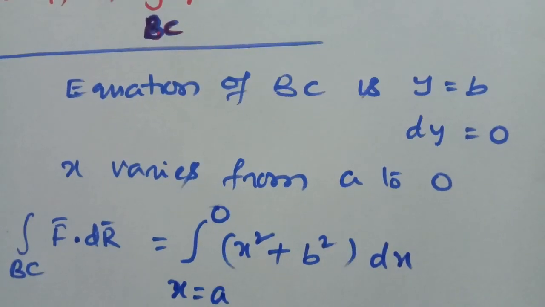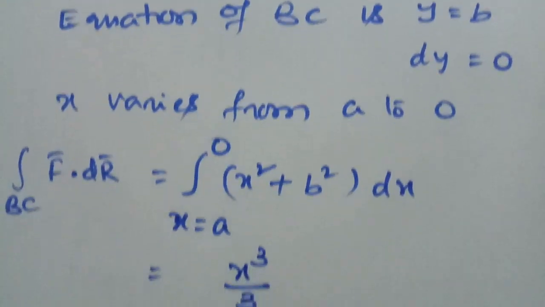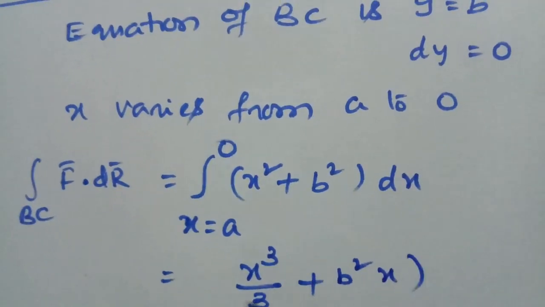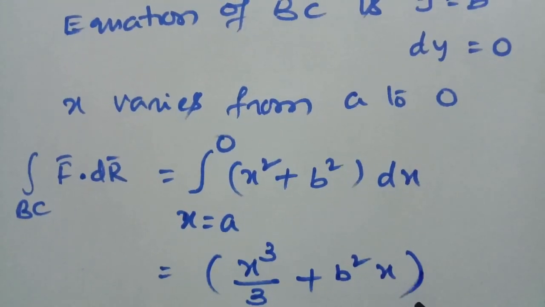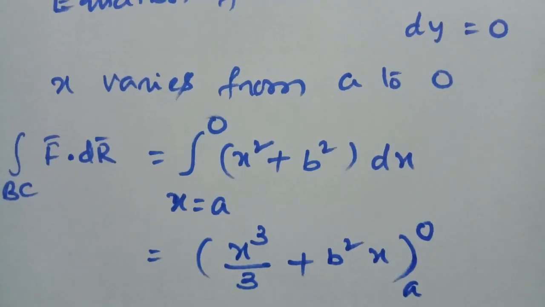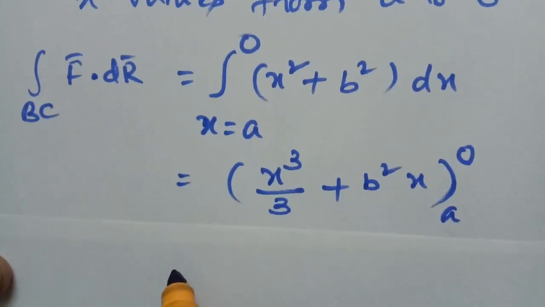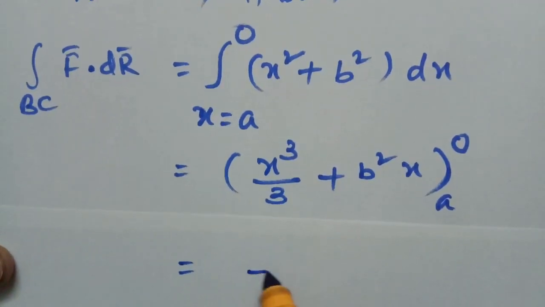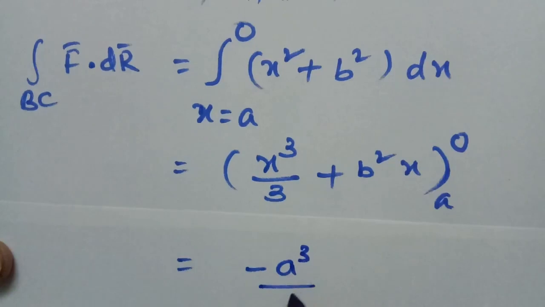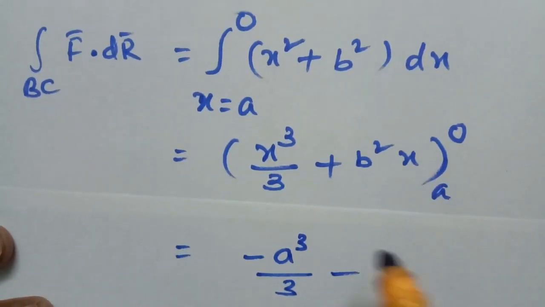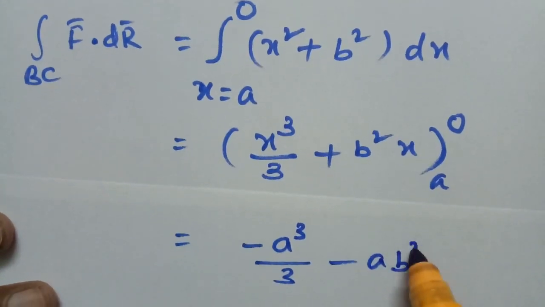Therefore the integration is x cube by 3 plus b square into x, lower limit is a, upper limit is 0. This is equal to upper limit 0 minus lower limit a cube by 3, and upper limit 0 minus lower limit a b square.